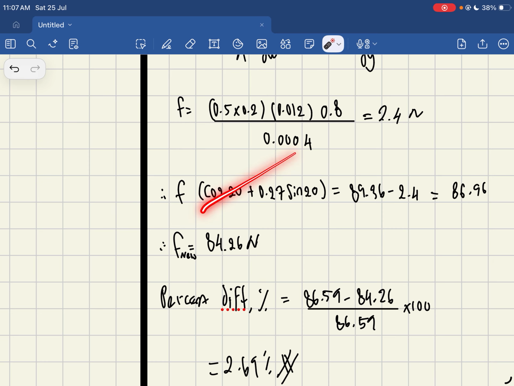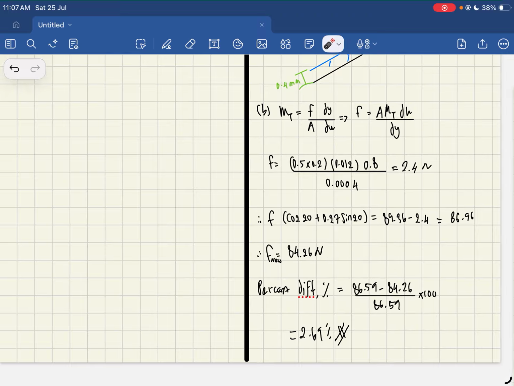The direction of this force is the direction of the movement of the fluid itself.